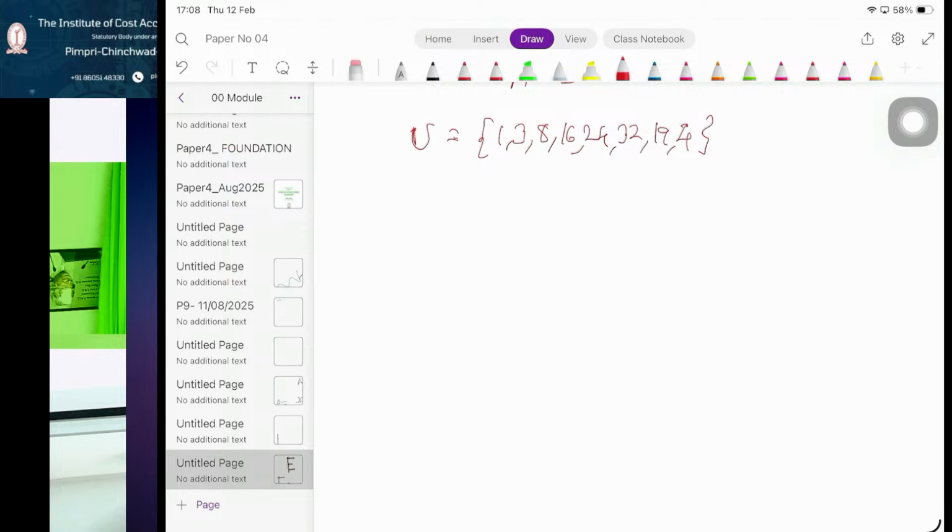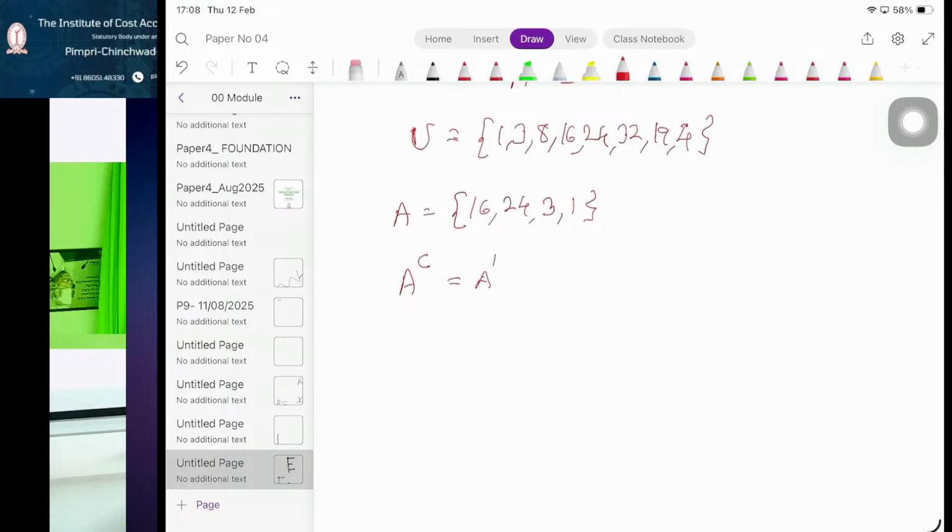No element should be repeating. And I have taken one more set A in which I have the elements 16, 24, 3 and 1. So what will be the complement of A?